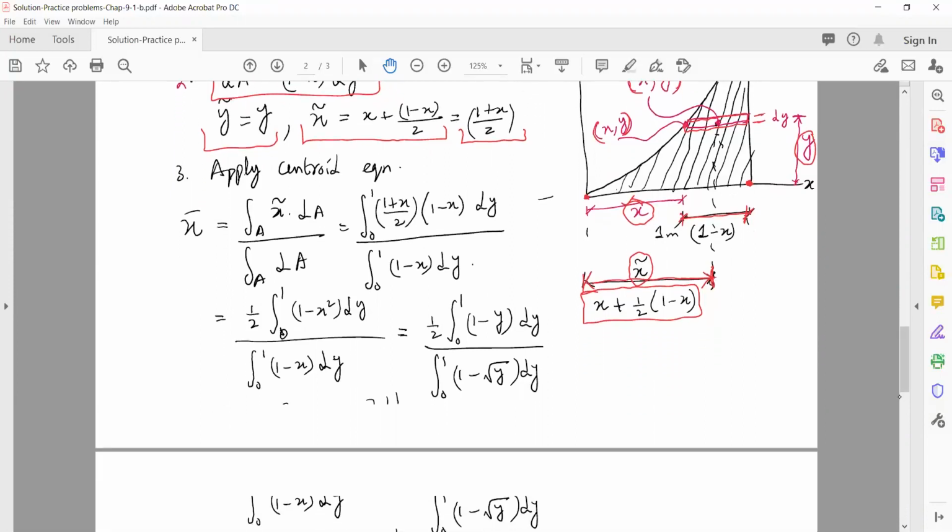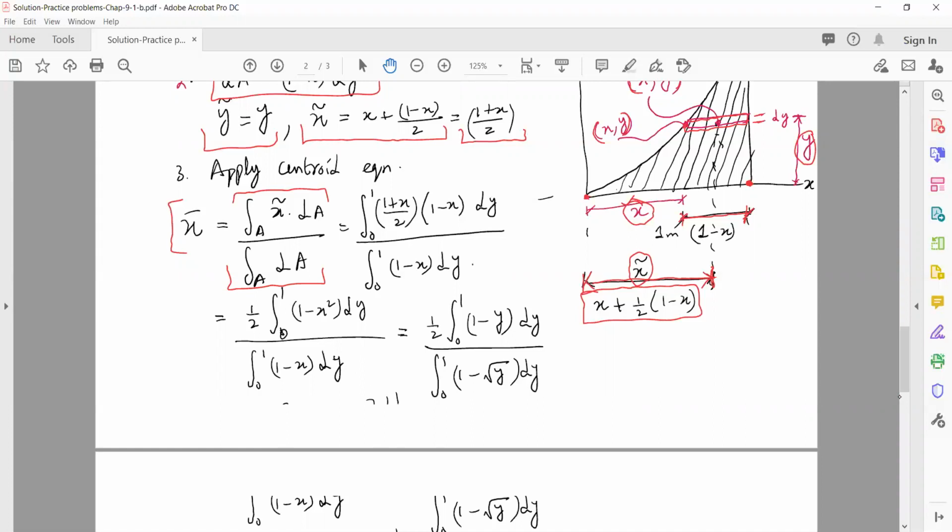Now we can apply the centroid equation to find the centroid of this area. First let's go for x bar. We know the equation by now. At the top we have the integral of x bar of the element times dA. In the denominator we have the integral of the area of the element.